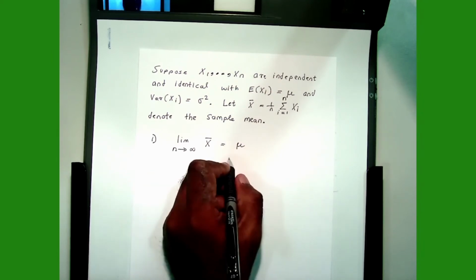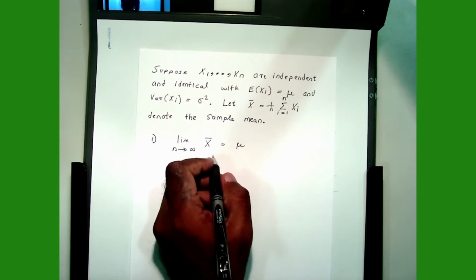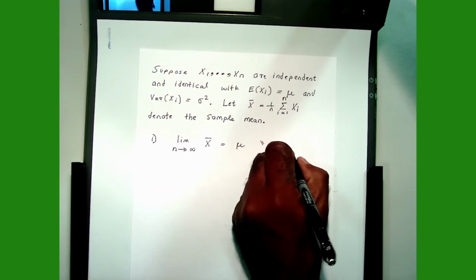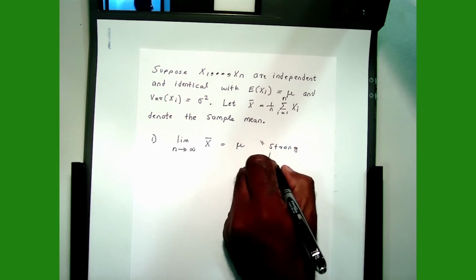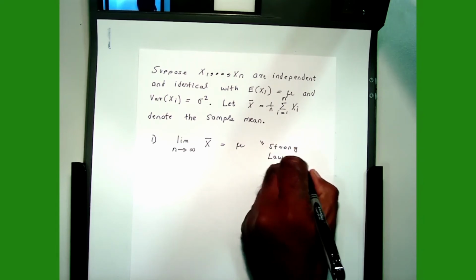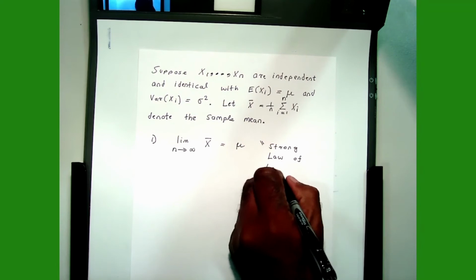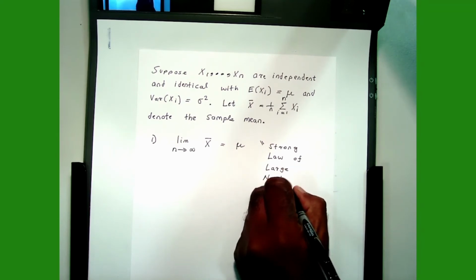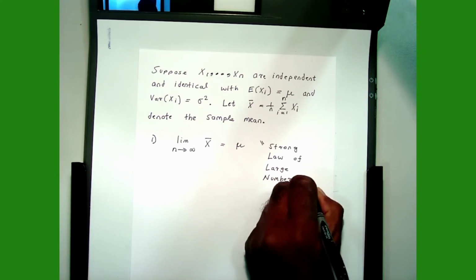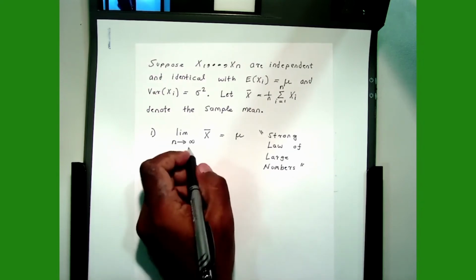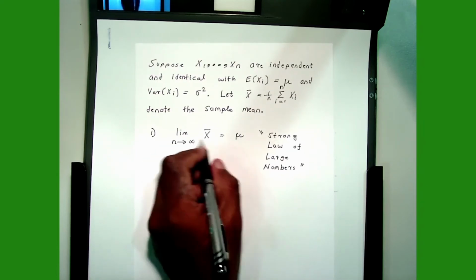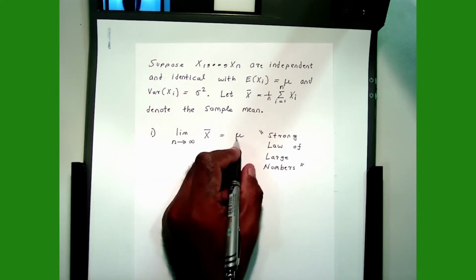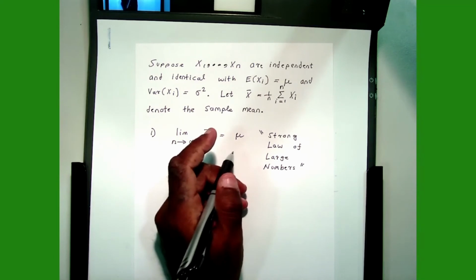This result, I'm sure you should have learned, is known as the strong law of large numbers. It says basically that the limiting random variable of X bar is mu, which is a fixed constant.